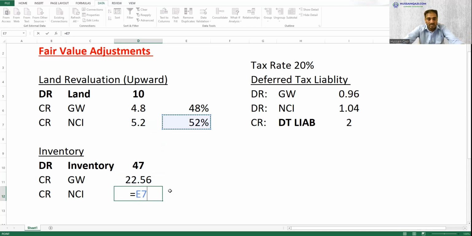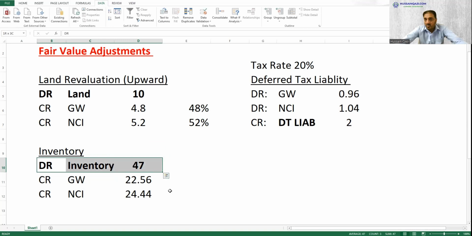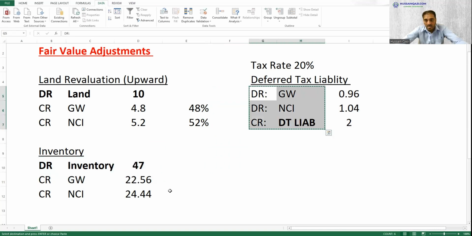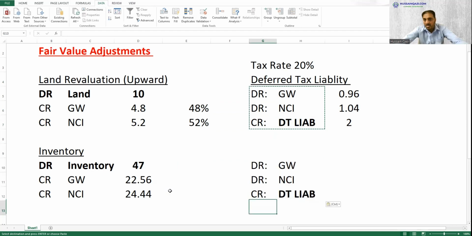That's the point for inventory, with the same impacts. If inventory value goes upward, it's a temporary difference with respect to deferred tax.